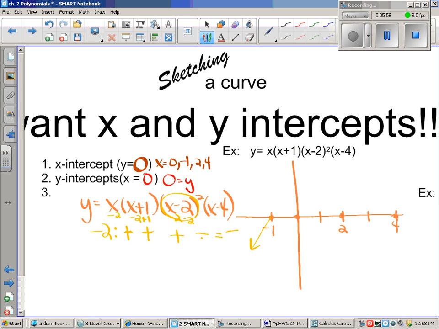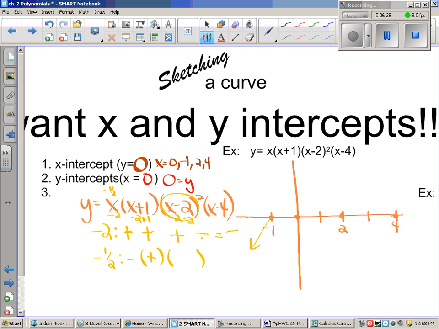Now, the next value that we're going to look at would be -1/2, just to pick a value between -1 and 0. You might be a little intimidated by the fact that it's a fraction, but remember, all I care about is if it's positive or negative. So when I put -1/2 in for x, that gives me a negative number. -1/2 plus 1 is just a positive number. We really don't even care what it is, even though we probably know that it's positive 1/2.